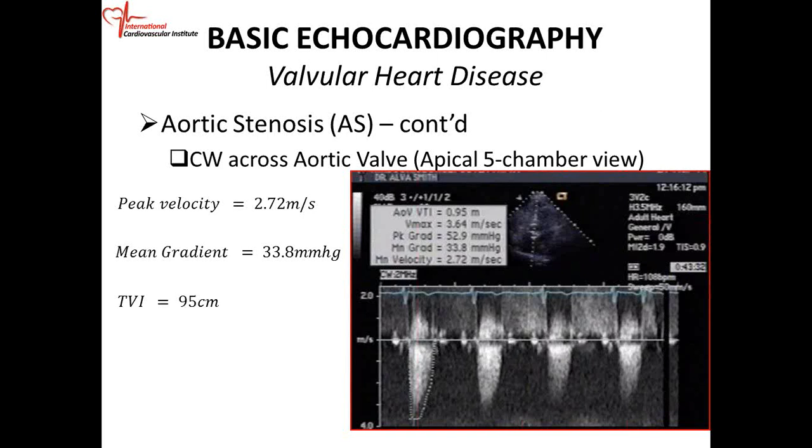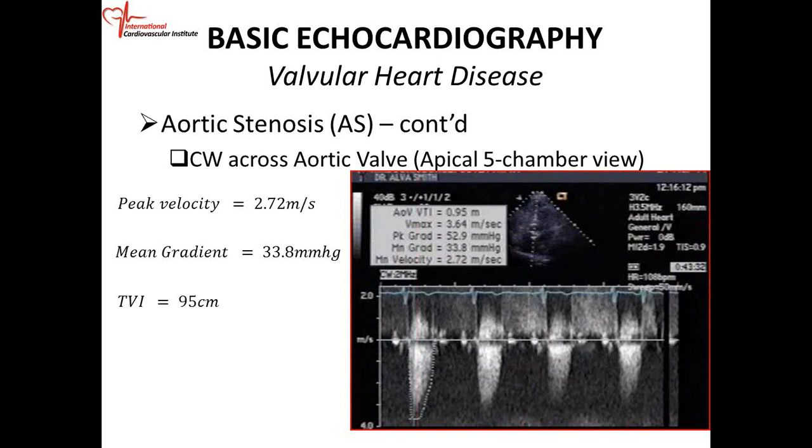We use mean gradient. It's very important: use mean gradient, not maximum gradient. It's the mean gradient which is more important in aortic stenosis. We're doing all these calculations and assessments because we're going to use the formula. Remember, when we did hemodynamics, we showed how to calculate valve area.